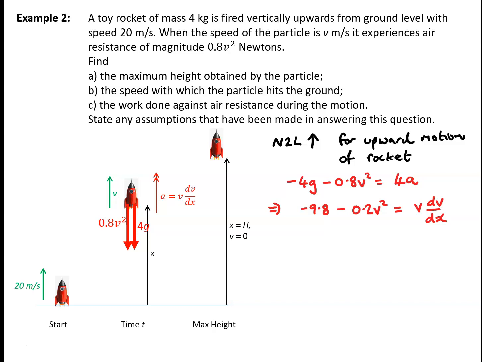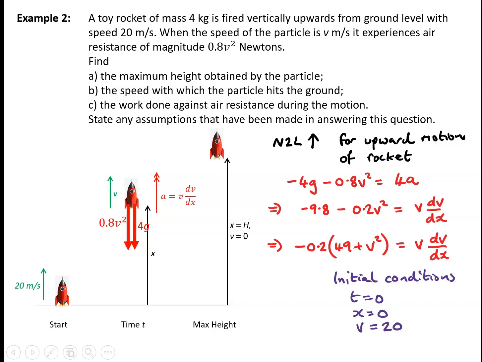And we can solve this equation by separating the variables. So writing the left-hand side as just being minus 0.2 times 49 plus v squared first of all. So we've got minus 0.2 times 49 plus v squared equals v dv by dx.